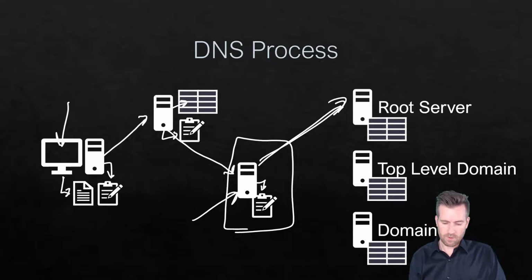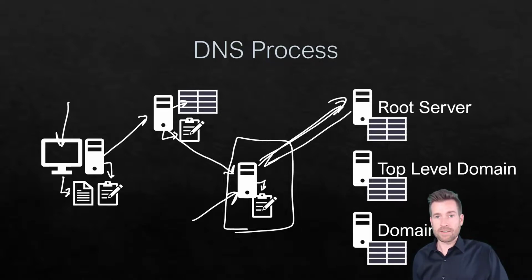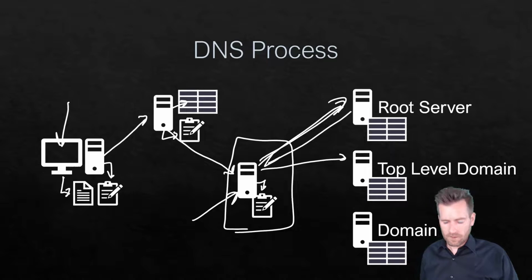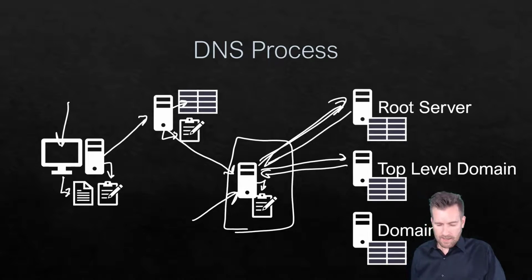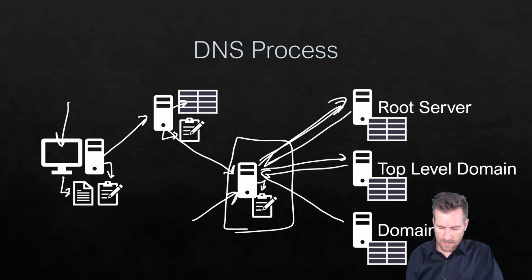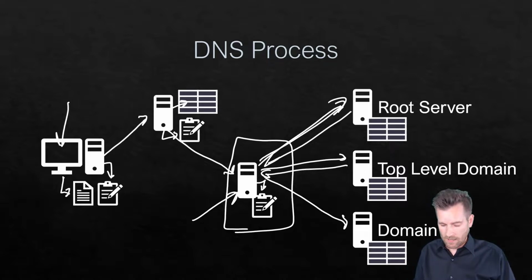www.technosurge.com? This root server will reply back and say, I know a .com server that can help you out. So you reach out to one of the .com servers to help you out. That .com server will reply back and say, okay, well, I know where the domain server is for this. And so then it reaches out to the domain server for technosurge.com.